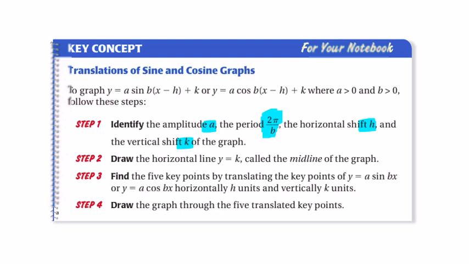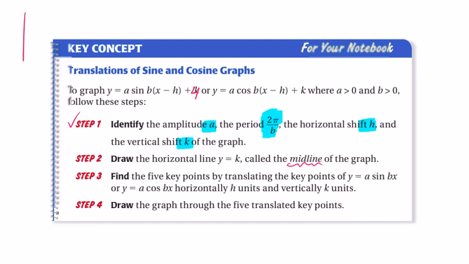That is step 1. So let's go ahead and say we identified all our parts. Step 2, draw the horizontal line at y equals k. Alright, so whatever this vertical shift is, we need to draw a horizontal line. And this is going to be called the midline. Alright, so let's go ahead and say that k here for sine was 4.